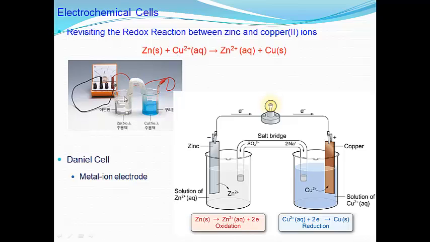And so here we have one flask with zinc nitrate and a zinc metal that is connected to an external wire that passes through an external measure or load, in this case a voltmeter. And then we have another beaker with copper nitrate solution, and submerged into that is a piece of copper metal that is also connected to the external load, in this case the voltmeter.